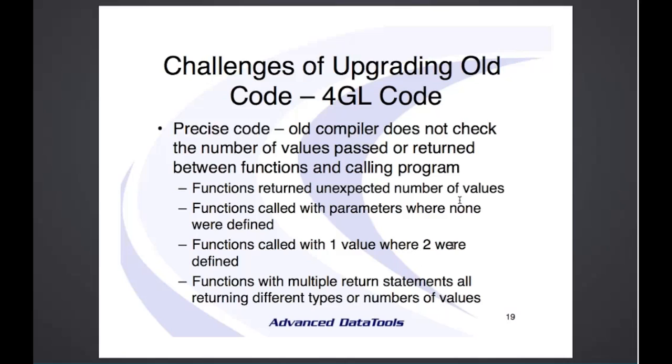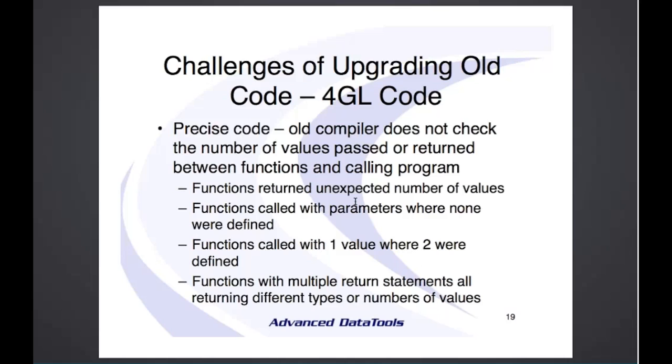Another one that was really difficult was a function with multiple return statements. It was a big if this, do this, then return, and if this, do this, then return. Each return statement returned a different number of values. It worked in the old code, but doesn't work in the new code.